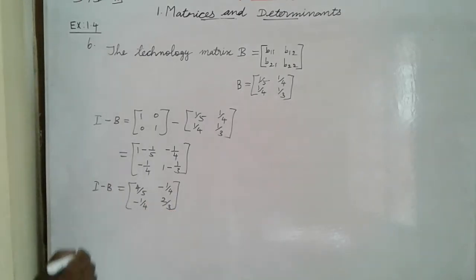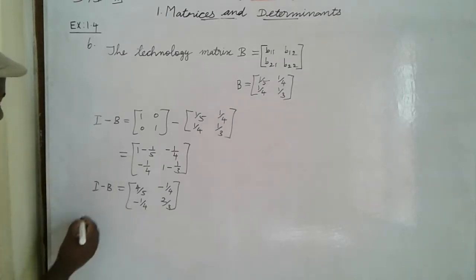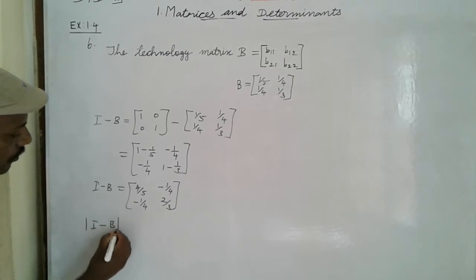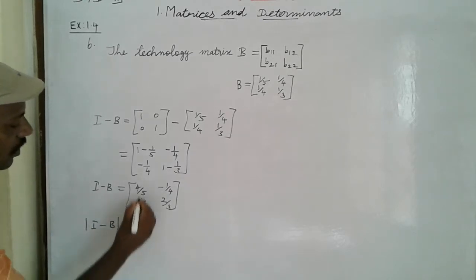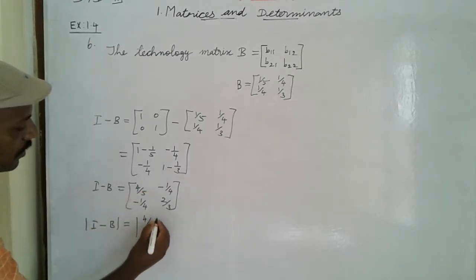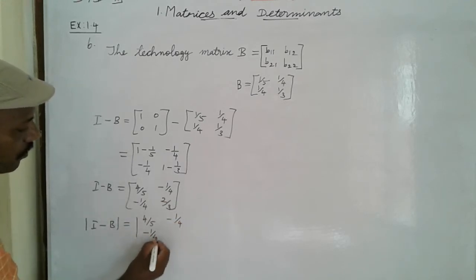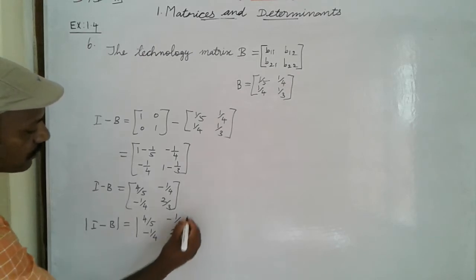Next we should find out the modulus of the determinant of I minus B. Determinant of I minus B equal to determinant of 4 by 5, minus 1 by 4, minus 1 by 4, 2 by 3.